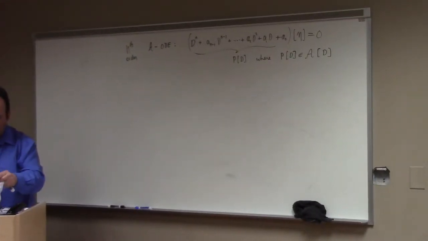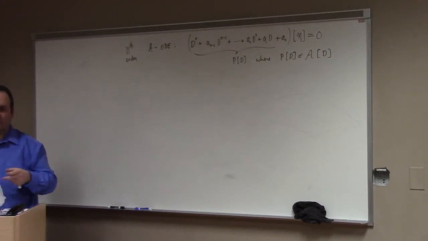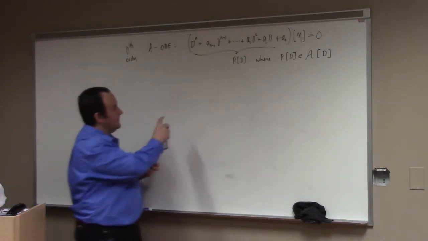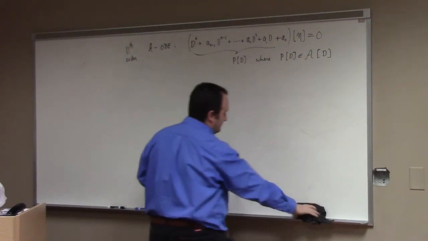Now, if we call this polynomial P, you could say P of D, where P of D is, by the way, an element of the ring of polynomials with coefficients from A in the differentiation operator D. In other words, that's just an unnecessarily sophisticated way of saying it's a constant coefficient differential equation. So, great.